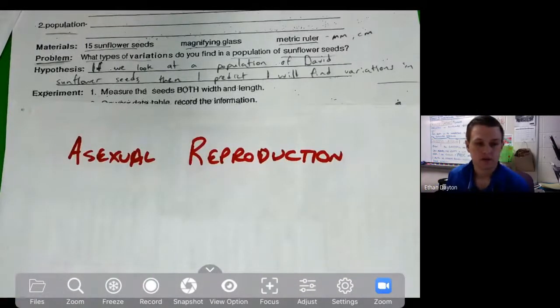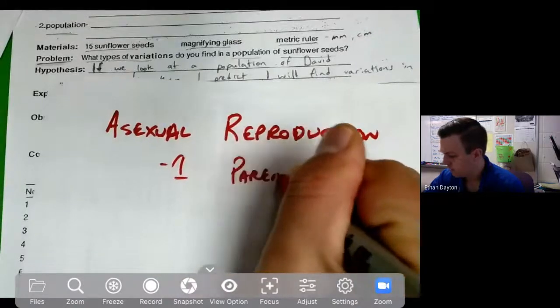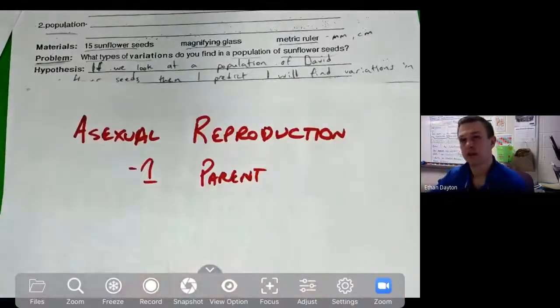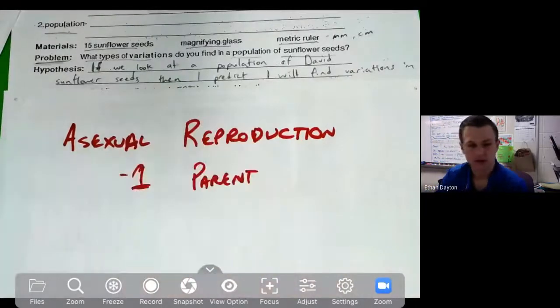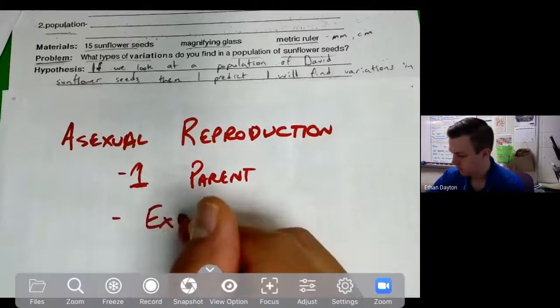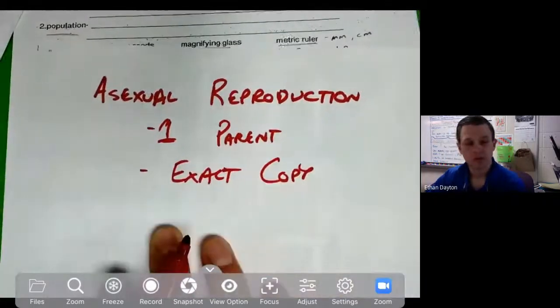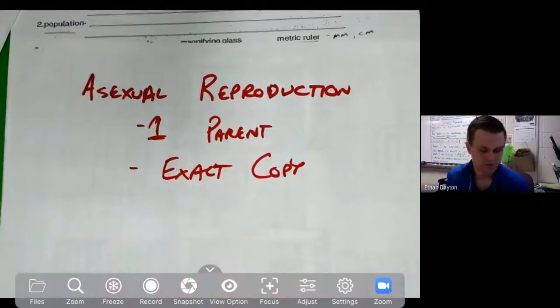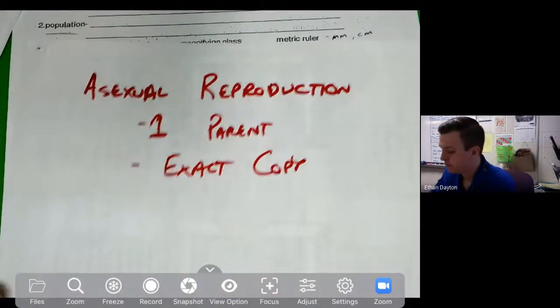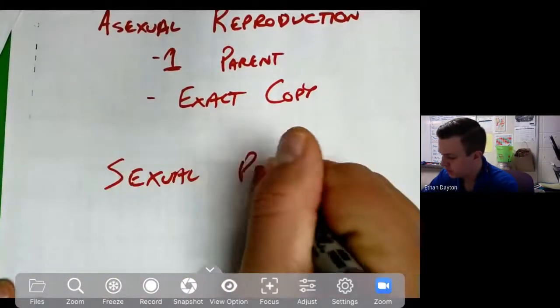The parent cells make exact copies of themselves, exact copies of the DNA, and the offspring is an exact copy. They will be the exact same. The cells will be the exact same. The other type of reproduction we're talking about is sexual reproduction.